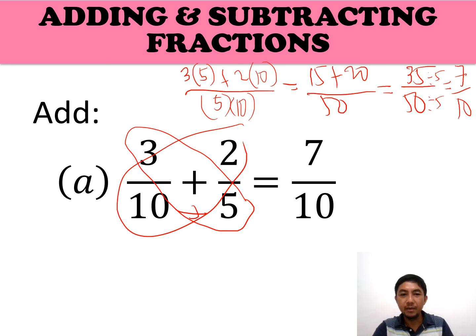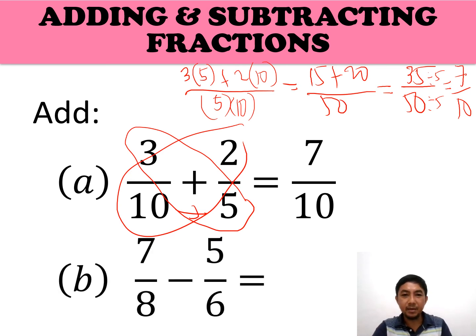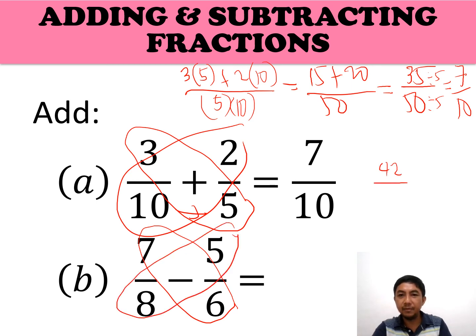Okay? For example letter B, ito yan. 6 times 7, that would be 42. Then 8 times 5, that would be 40. So minus 40 na siya. Then 8 times 6 is 48.